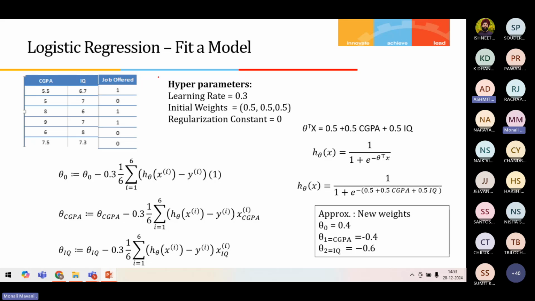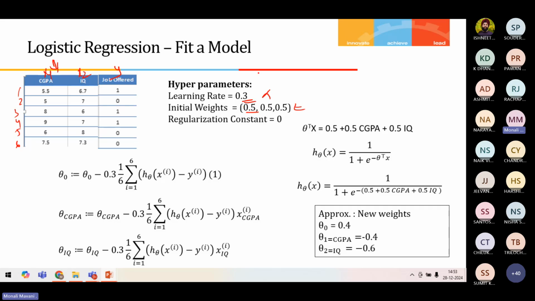This is just another example. Now our data set is in the form of this structured data set. We have 2 columns, 2 features, x1, x2, and then we have a label y, the class label. We have 6 training examples. The learning rate alpha is given, and the initial weights are given. Always we have to initialize parameters with some random values.